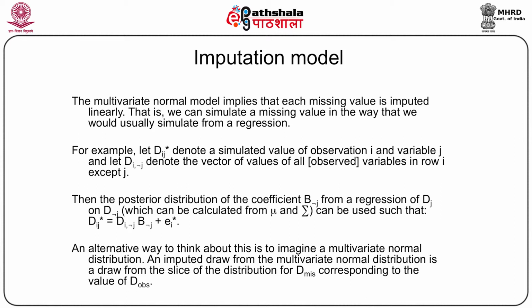An alternative way to think about this is to imagine a multivariate normal distribution. An imputed draw from the multivariate normal distribution is the draw from the slice of the distribution for d mis corresponding to the value of d obs.